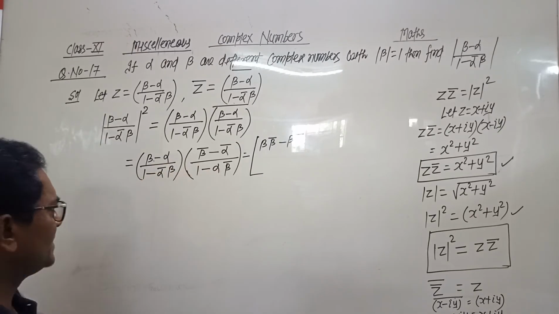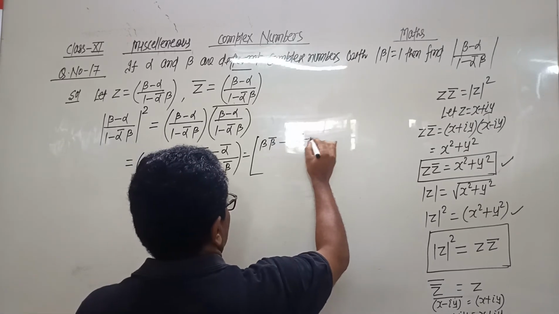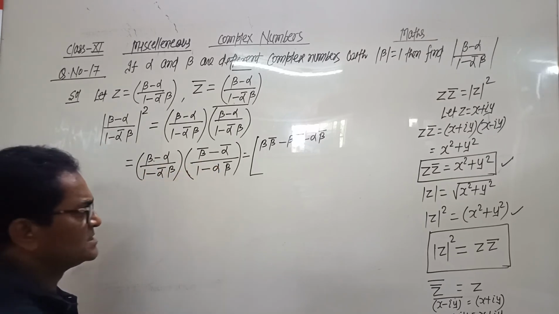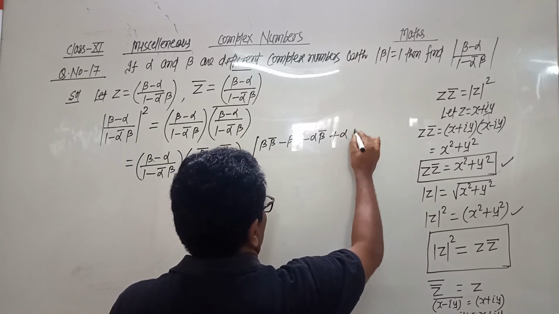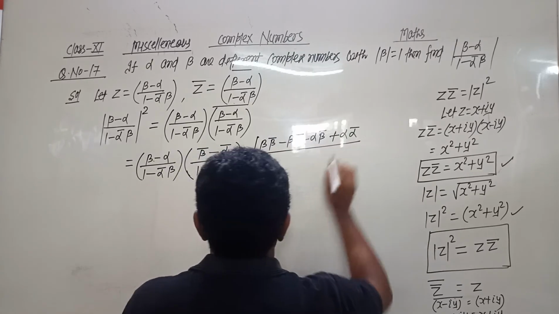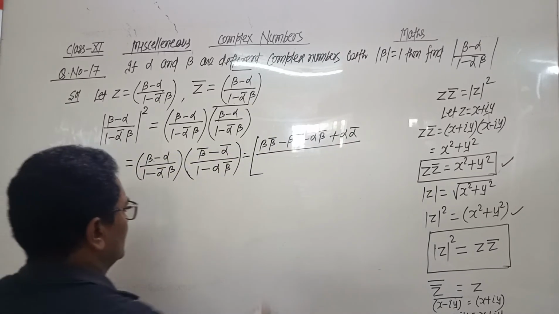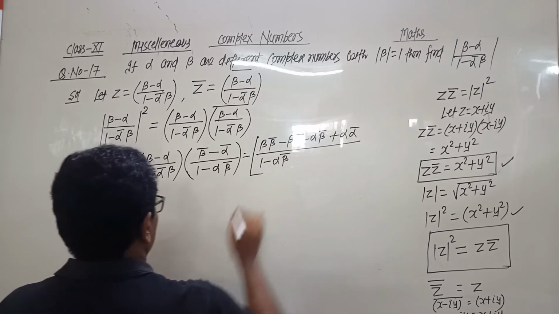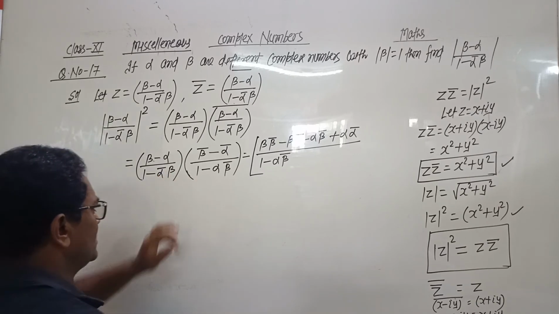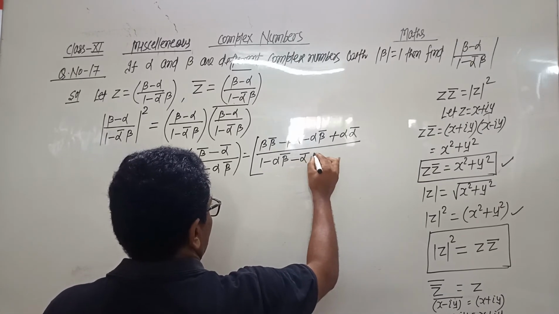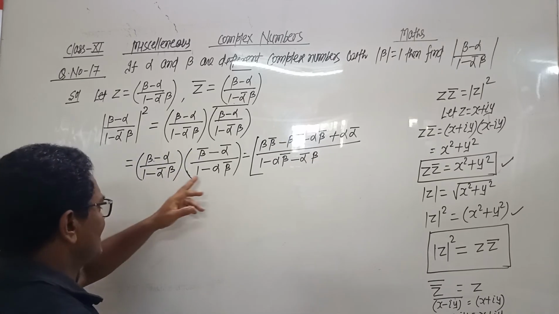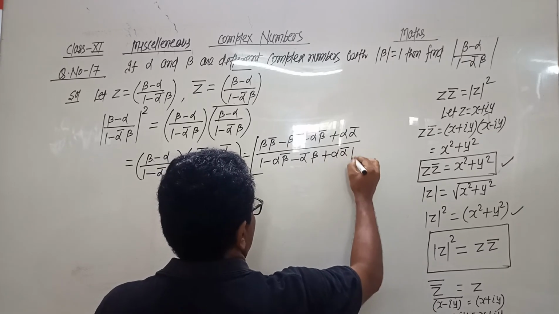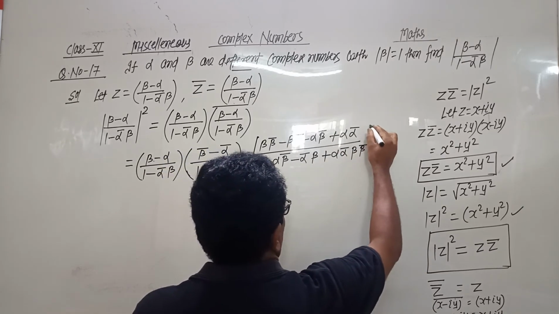Then minus alpha multiplied by both the terms, so minus alpha into beta bar, and minus minus plus alpha into alpha bar, upon 1 minus alpha beta bar minus alpha bar beta plus alpha into alpha bar and beta into beta bar.